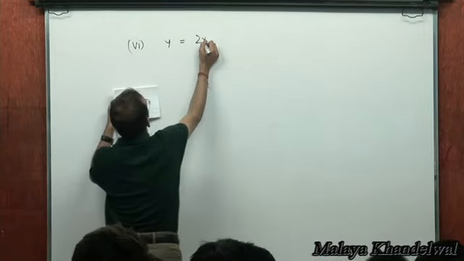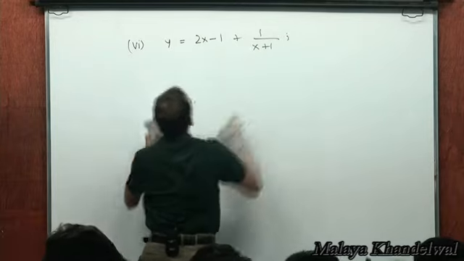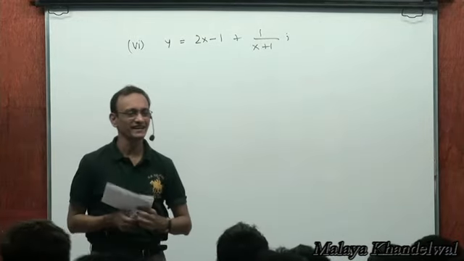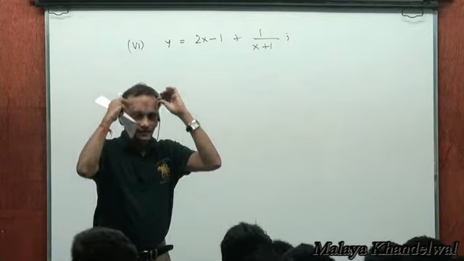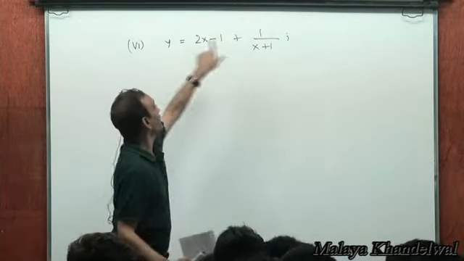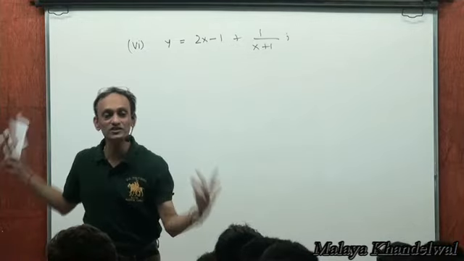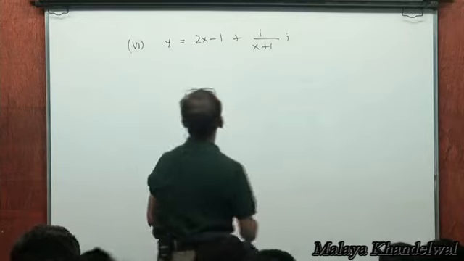Y equal to 2x minus 1 plus 1 by x plus 1. Okay. Very readily, what are the two things you could say? Right, x equal to minus 1 is a vertical asymptote and 2x minus 1 is an inclined asymptote. Let's first do that. What's readily available?